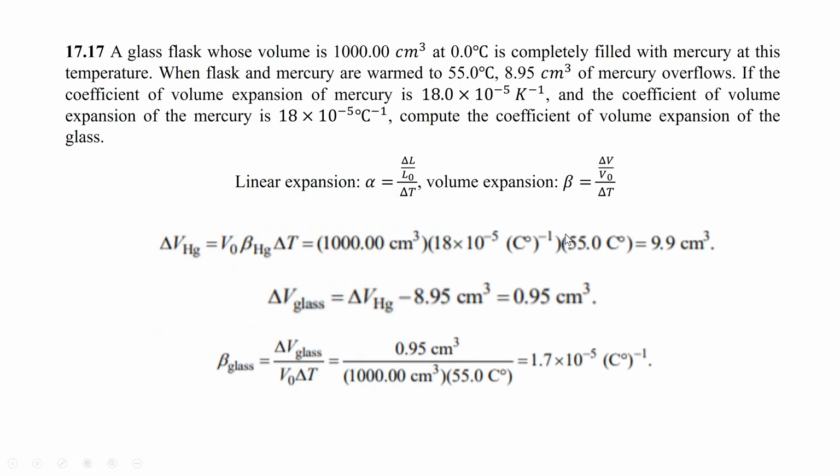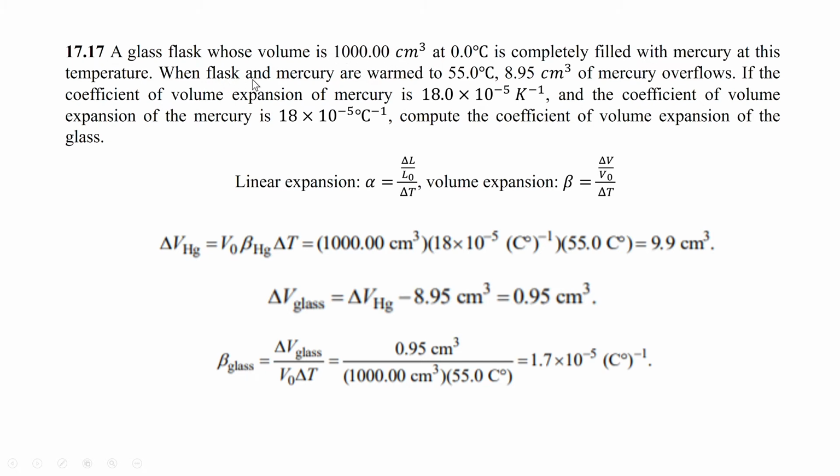So here we have a glass flask, and this flask has a volume of 1000 cubic centimeters at 0 degrees, and it is completely full of mercury at this temperature. So the volumes are the same.